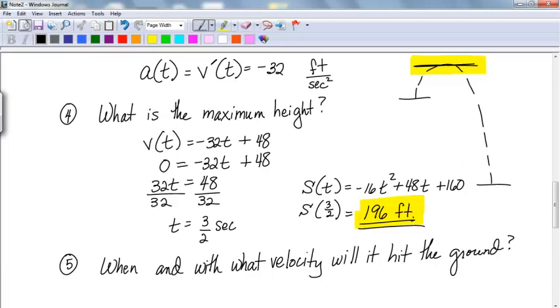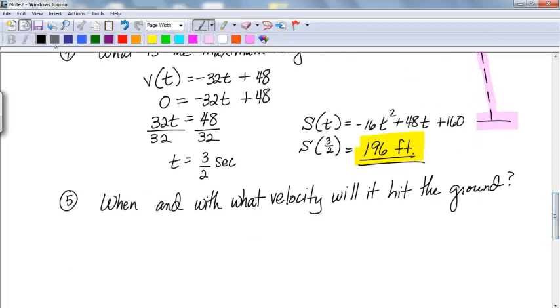Okay, now you've got to come back up here and say, okay, this is going up, down. When it hits the ground down here, what's equal to 0? Height. The height's equal to 0. Okay? So go back up. The formula for height is the same as distance. So take your original.